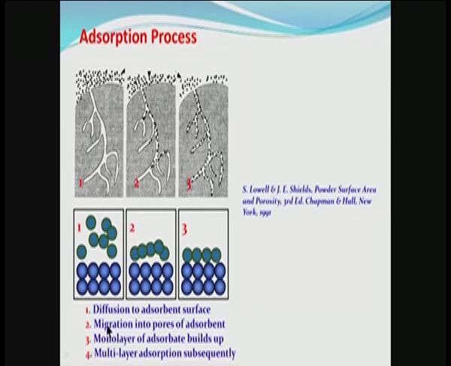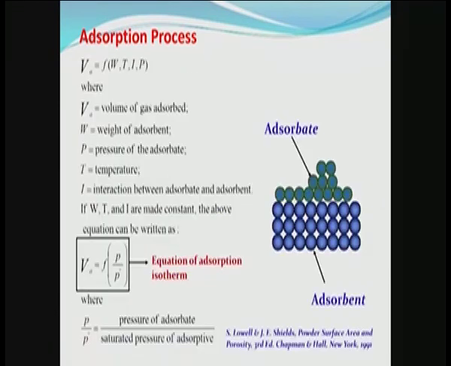They have to migrate into pores of the adsorbent. A monolayer of the adsorbate has to be formed within these pores or on the surface, and multi-layer adsorption takes place subsequently. So, this is the adsorption process in a rather simple way of describing it.